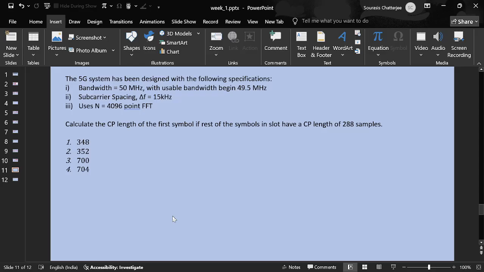So number of remaining symbols divided by the total number of CP. Divide the symbols by the total number of CP.